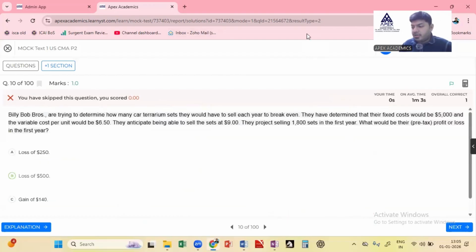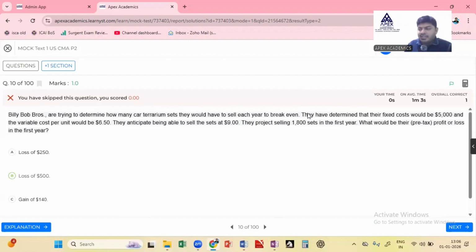Let's go to question number 10. Again an interesting question. Billy Bob brothers are trying to determine how many car terrarium seats they would have to sell each year to break even. They are calculating a break even point. We are in unit number 3, decision analysis. We are doing the break even concept and we are doing a sum.